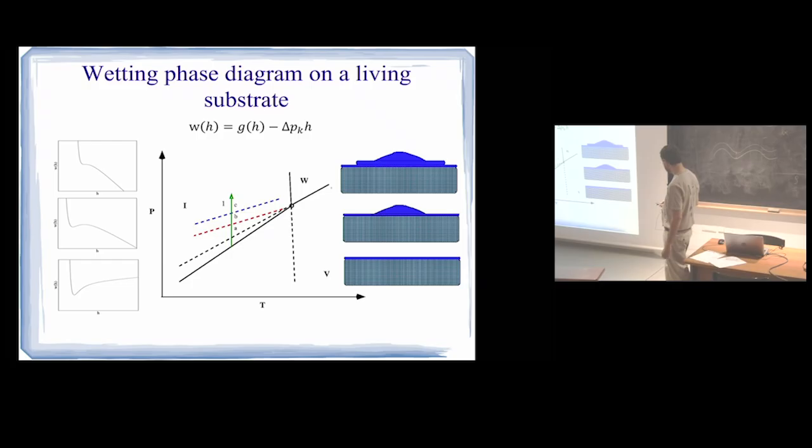Now, if delta P becomes positive, I am subtracting from the interface potential a straight line with negative slope. So my free energy is going to look like this. I will have a finite thickness that can be equilibrated, but it's metastable.